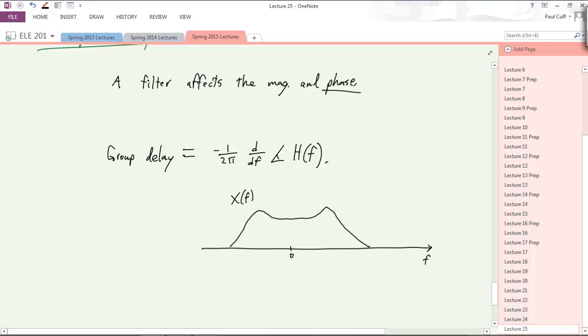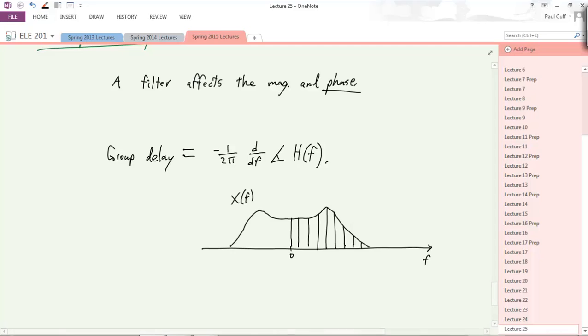Now, suppose that we consider narrowband parts of this filter. This filter affects all frequencies of a signal, but let's divide it up into narrow segments and see what happens if a signal comes in that only has frequency components concentrated in a narrow range.